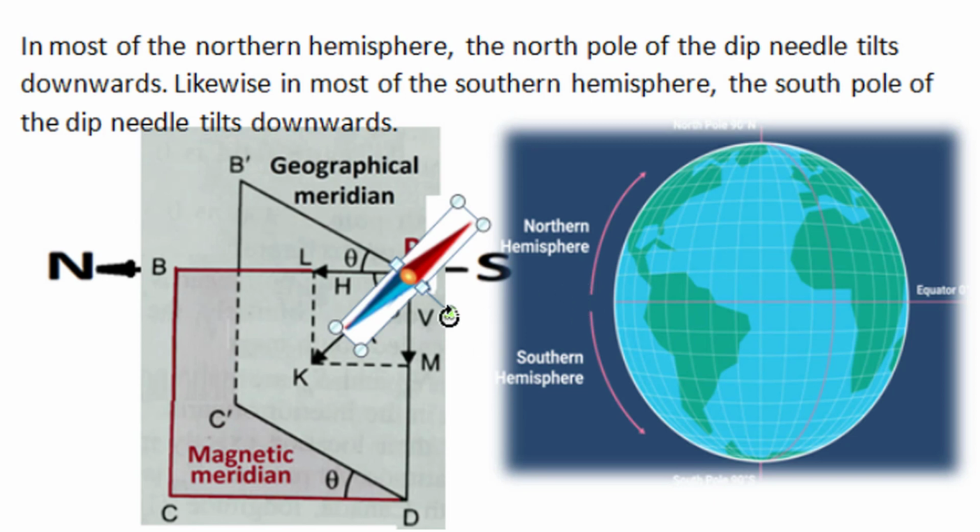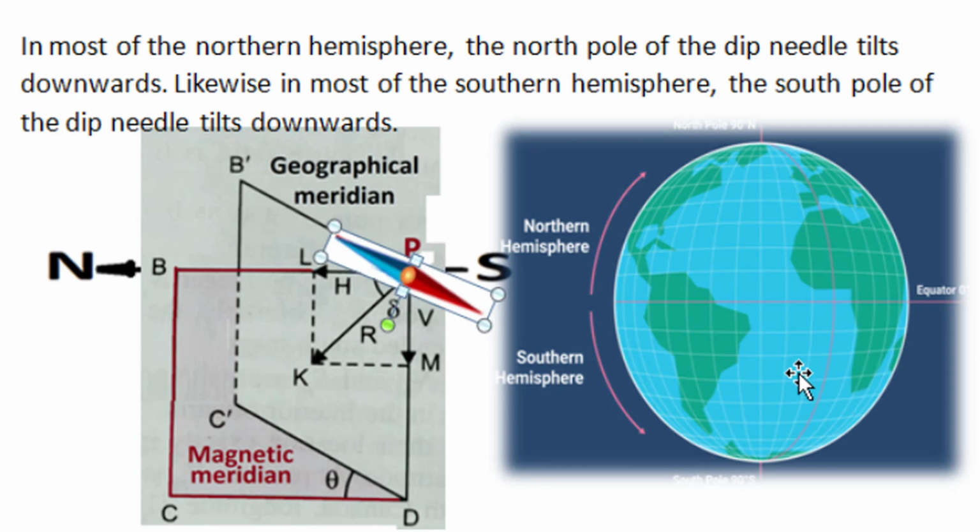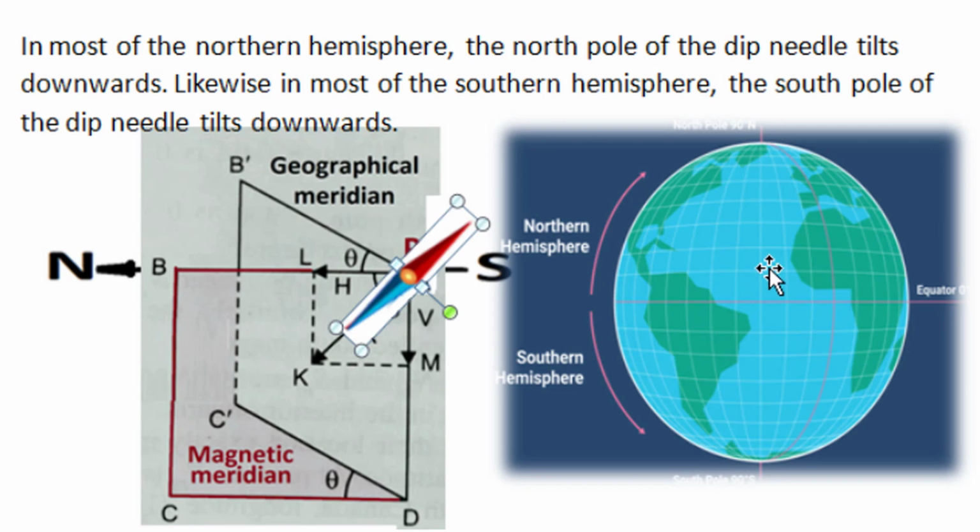The magnitude of the dip angle and the vertical component goes on increasing and becomes maximum at the north directed magnetic pole of terrestrial magnetism, and at the pole there exists only the vertical component of the magnetic field, and that too maximum. Whereas to the south side of the equator in the southern hemisphere, the south pole of the dip needle goes downside, and this clearly indicates that the vertical component of Earth's magnetic field in the southern hemisphere will become upward, whereas in the northern hemisphere the vertical component of Earth's magnetic field is in the downward direction.